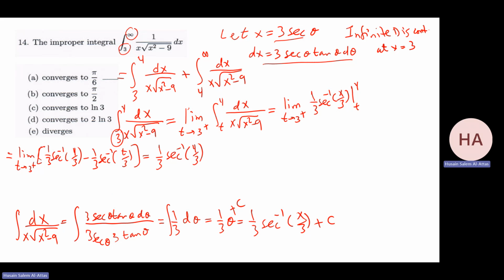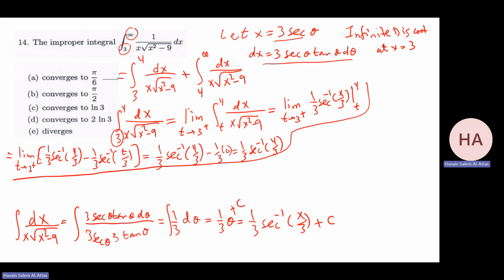Leave it. Minus 1 over 3 secant inverse of 1. What is secant inverse of 1? That's when theta equals 0. So this is minus 1 over 3 times 0. So I have 1 over 3 secant inverse 4 over 3. This is the first one.